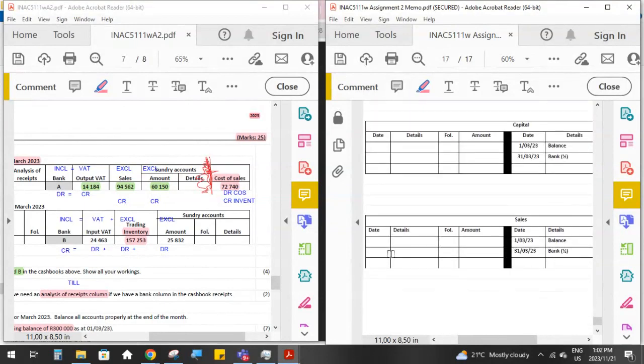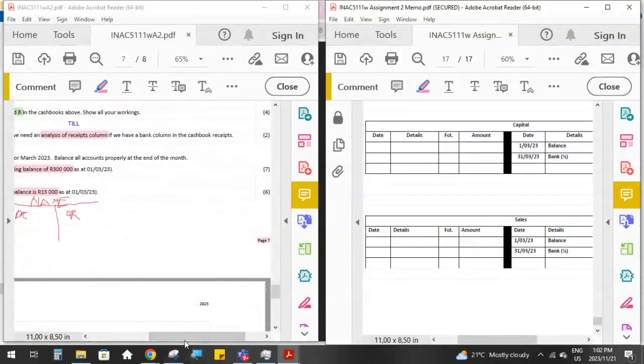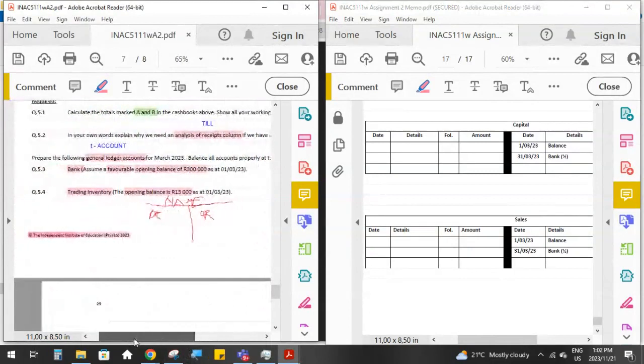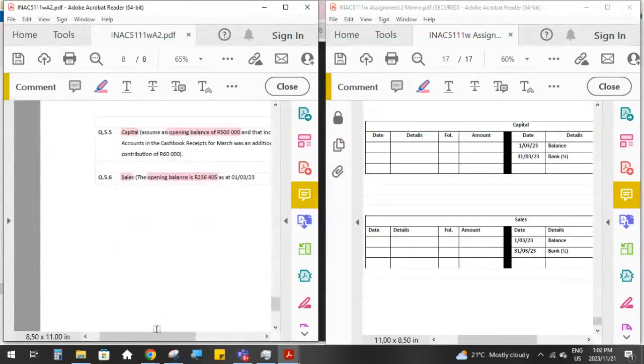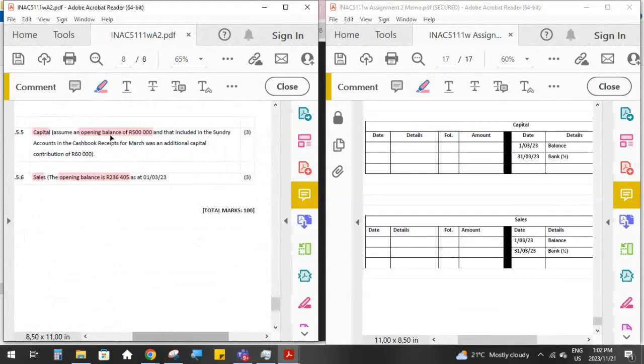Okay. Then our capital account, here we go, capital account, opening balance of 500,000. Capital account, those accounts that increase on the credit side: liabilities, income, capital.